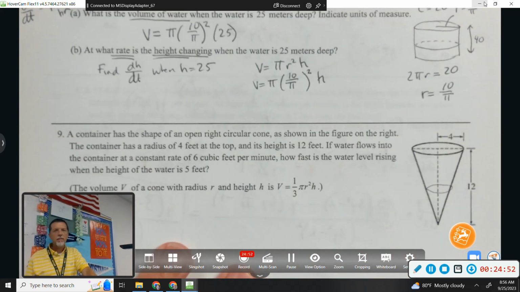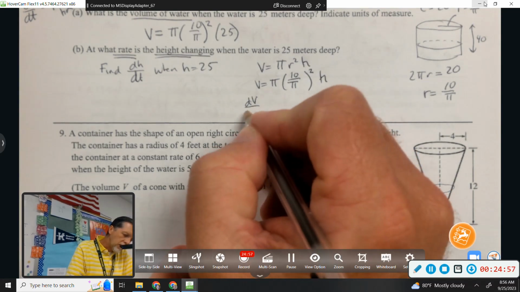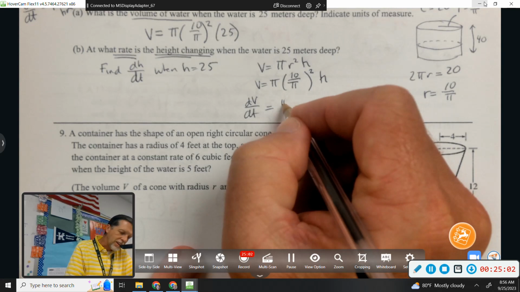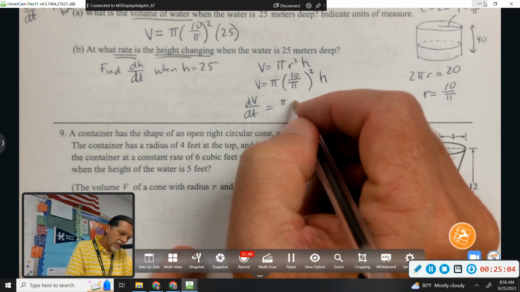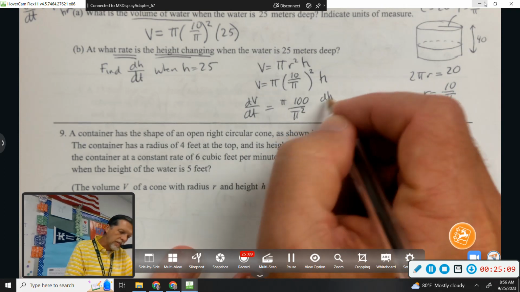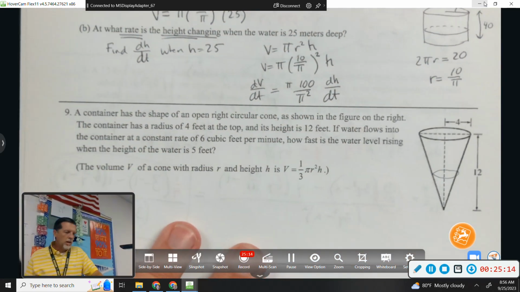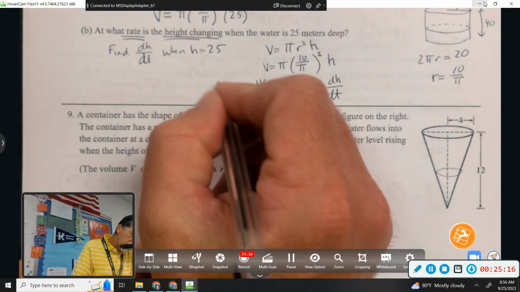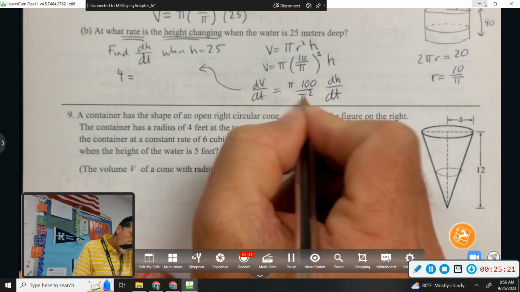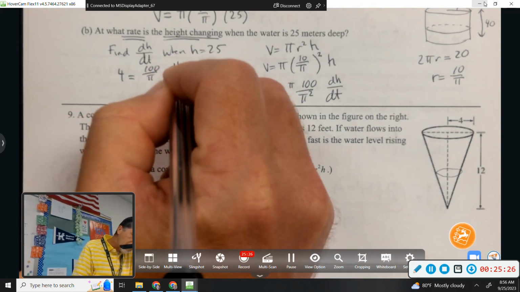So the derivative is actually pretty easy because all of that stuff out front is a constant. And then the derivative of h should be dh/dt. dV/dt is 4. One of the pi's will cancel, so 100 over pi dh/dt.